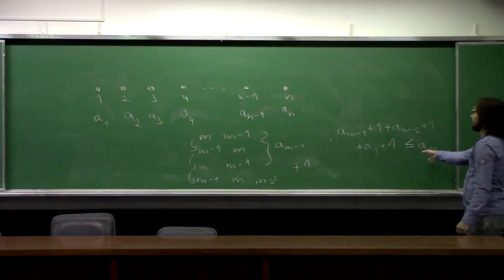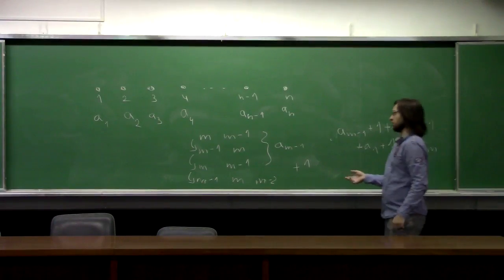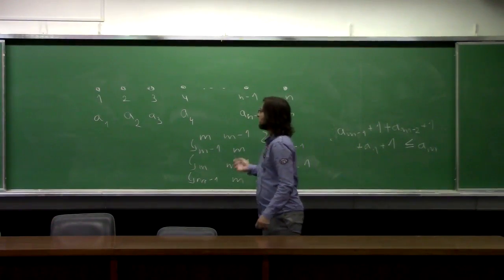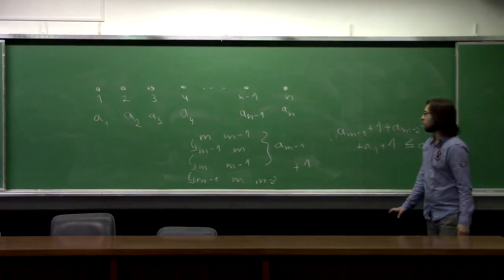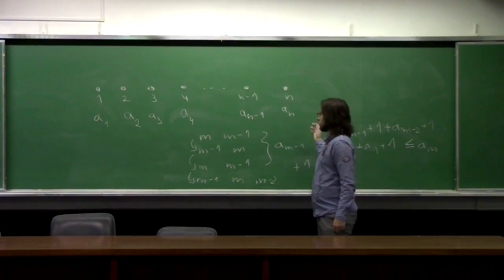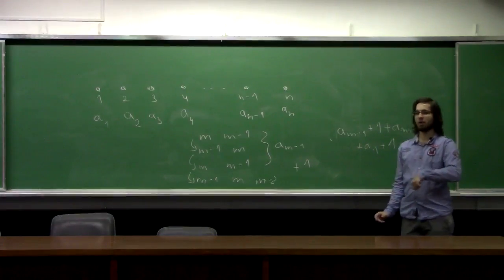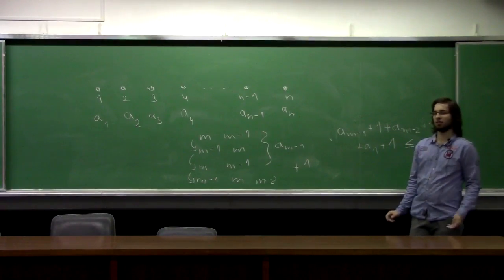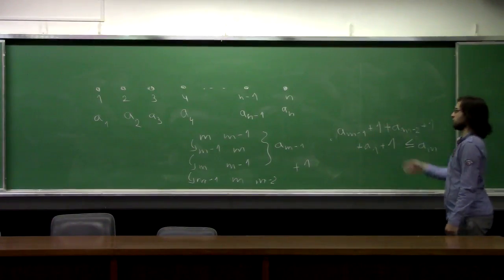So either car a_m participates in just alternating overtakings with everything before it, or it has to participate also in an overtaking with some car that's after it. So for example, car m plus 1 overtakes car m, and then car m again overtakes car m plus 1, or otherwise it wouldn't be possible to produce this sequence.